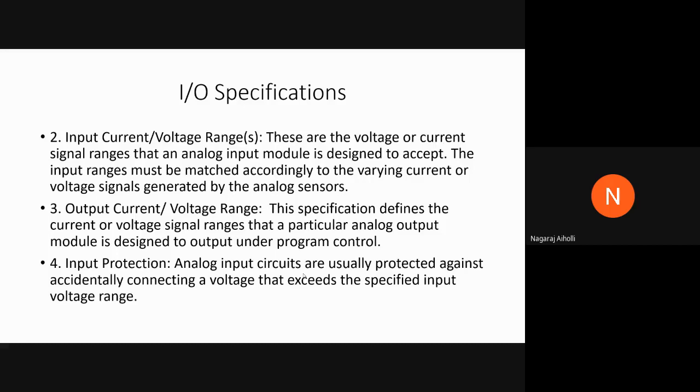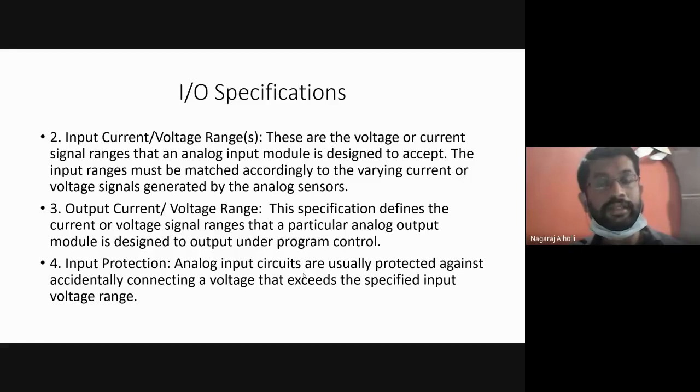If the current or voltage from the field device matches the specification of that input module, then we can send that signal from the field device to the input module. If there is any mismatch, then what will happen? We cannot send the current from the field device to the input module. So that care has to be taken.